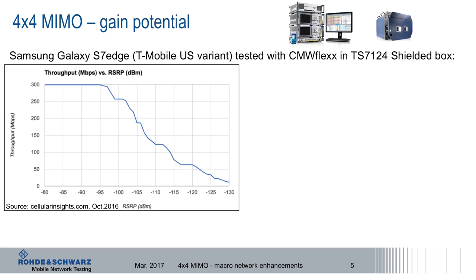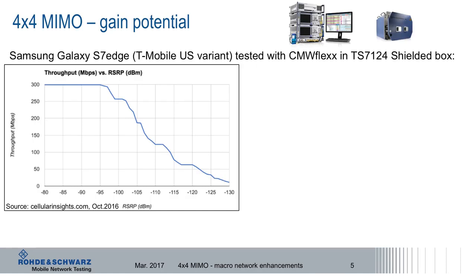So what is the real gain of 4x4 MIMO? What is the gain potential? And here we see a picture that has been made by cellularinsights.com, where in a controlled lab environment you have a smartphone in a shielded box, and a test setup where you can control the coverage value, the RSRP, the reference signal received power, in dBm.